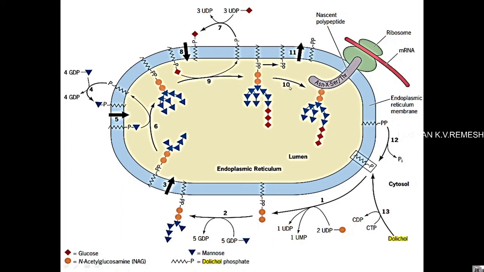And if oligosaccharide transferase transfers this moiety onto the serine or threonine of the nascent polypeptide chain, then this sort of glycosylation is known as O-linked glycosylation, because the carbohydrate moiety is attached to the nascent polypeptide chain through the hydroxyl group of serine or threonine. And another important thing is that N-linked glycosylations happen in endoplasmic reticulum, and O-linked glycosylations occur in the Golgi complex.